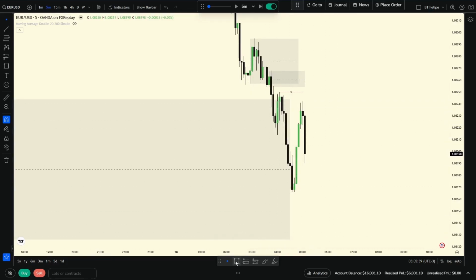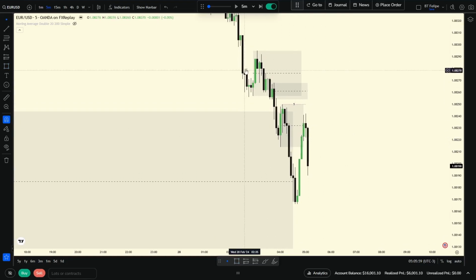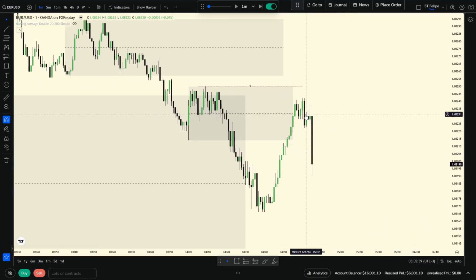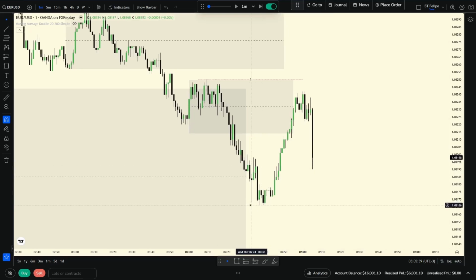Oh, I could have shorted here. I didn't notice that price was efficient on M5. These wicks touched here, so it makes price efficient, and I could have traded here.